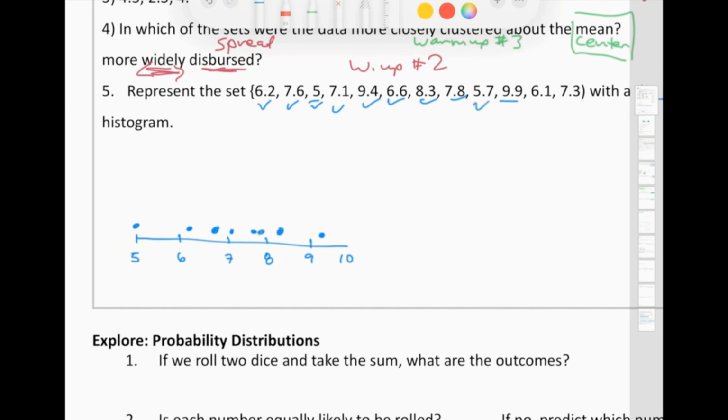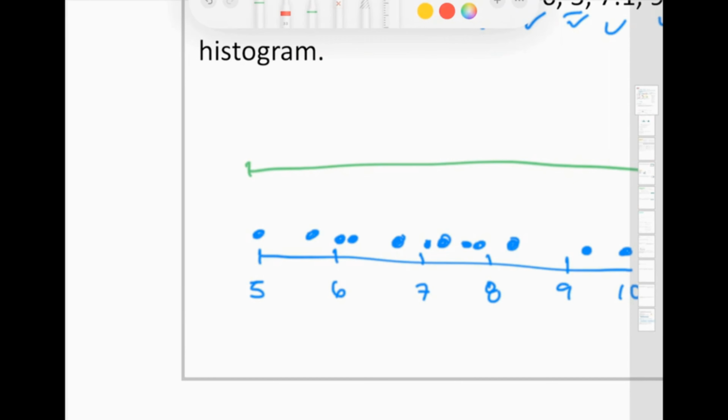So another way of creating a dot plot is putting them into bins. This time, I'm going to say all the numbers in here are between 5 to 5.9. And I'll say 6 to 6.9.